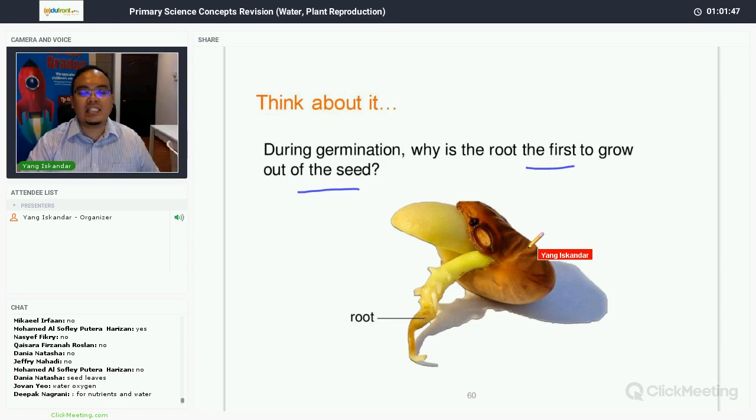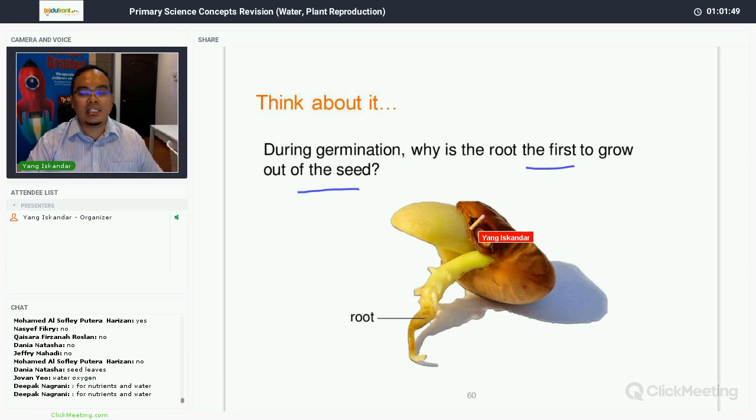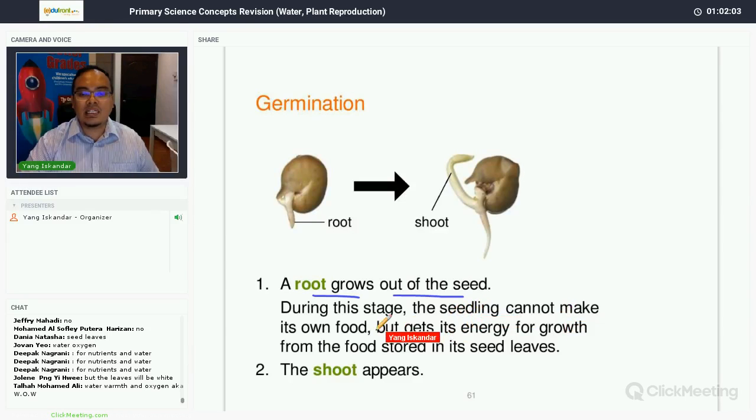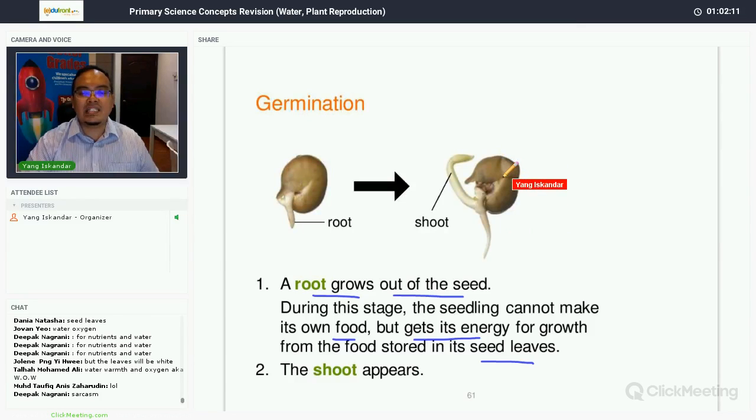The seed leaf inside the seed provides the food for the seed to germinate until it can grow its own leaves. You can see here, during germination, the roots grow out first of the seed, and the seedling cannot make its own food, but it gets its energy from the food stored in the seed leaves. So inside the seed, we have the seed leaves.